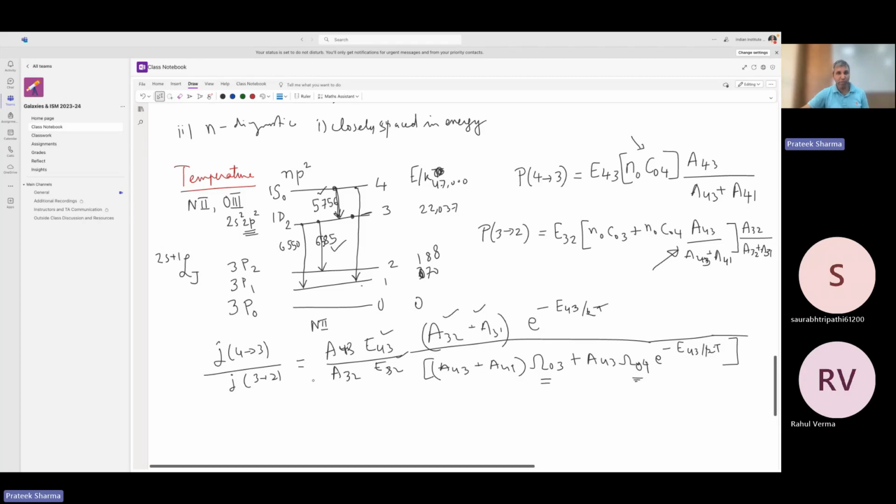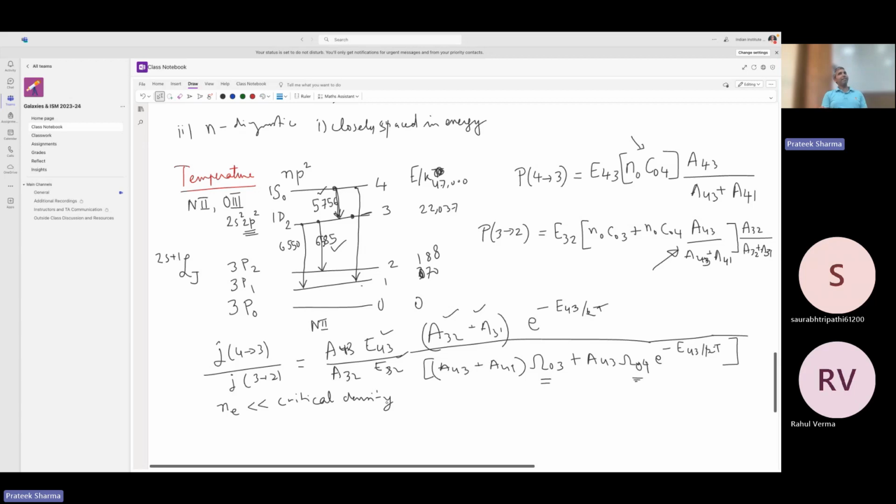This assumes that we are in a low density regime, so your electron number density Ne is much less than the critical density. The idea of critical density is that if you are at a density higher than it, radiative de-excitation becomes equal to collisional de-excitation, so your photon production gets suppressed.